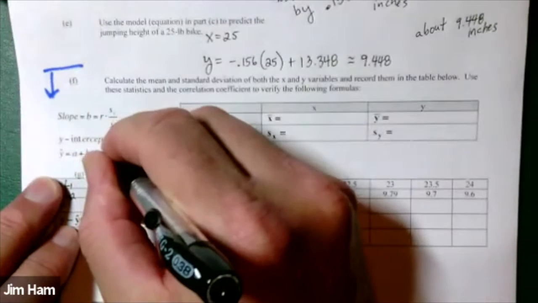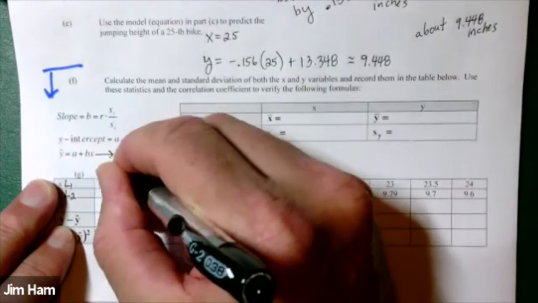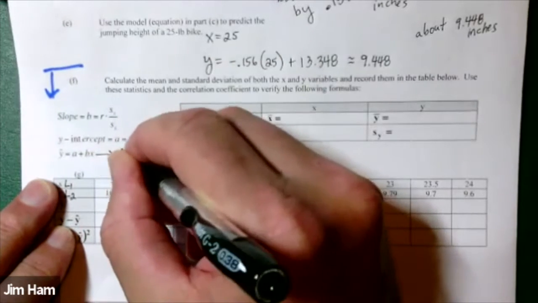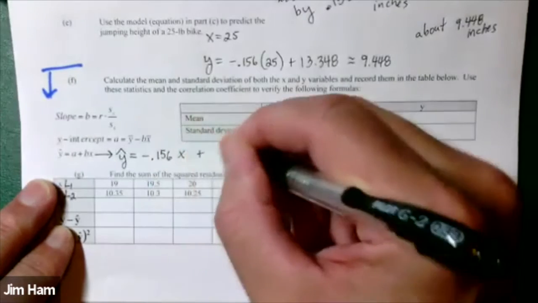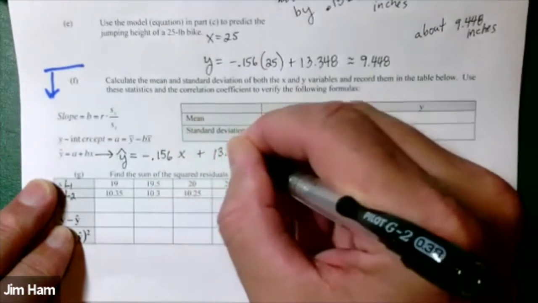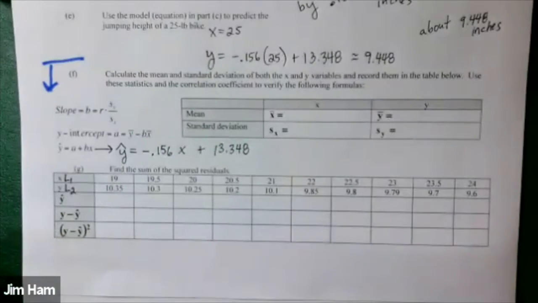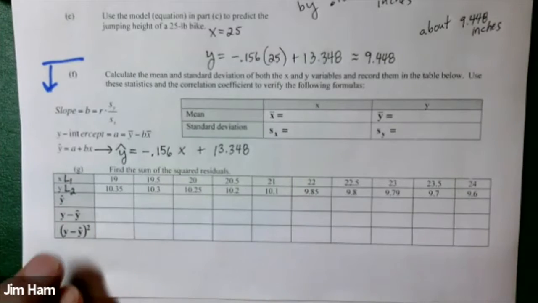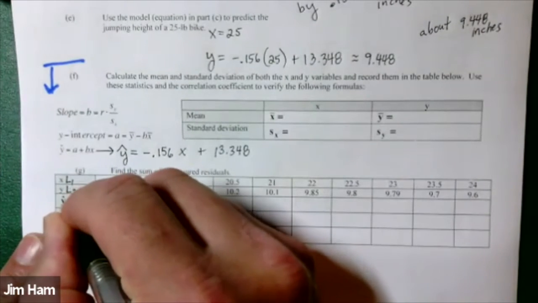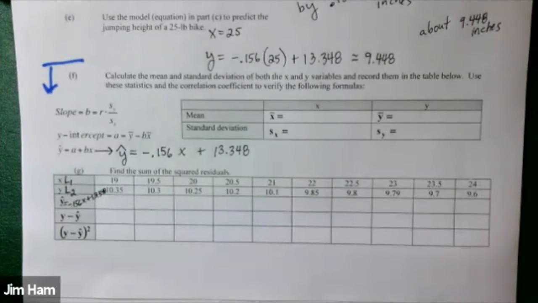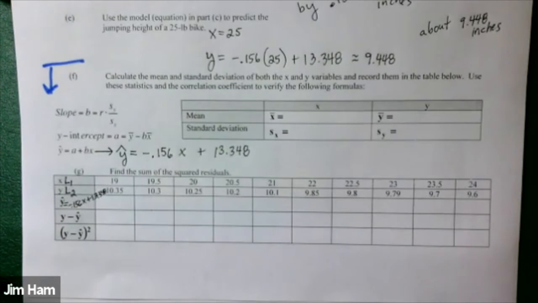And we already calculated this to be negative 0.156 X plus 13.348. So this is the equation that we use to make all those predictions of Y hat in this first row. I tried to write the same thing here.